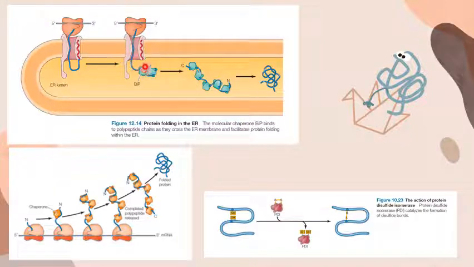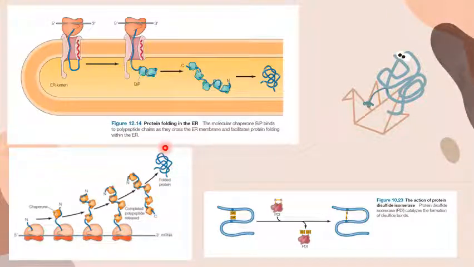The linear protein will be bound to these chaperones, and the disulfide bond will also be catalyzed by the PDI, the isomerase of the disulfide bond. As you can see, once it gets out of the ribosome, the chaperone will bind to it, and then the disulfide bond will form, leading to the folded protein.